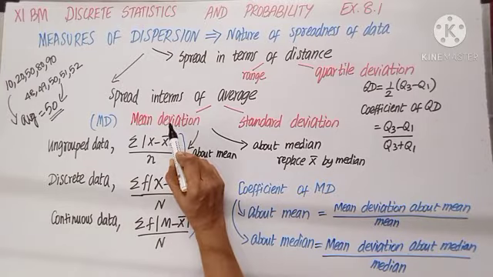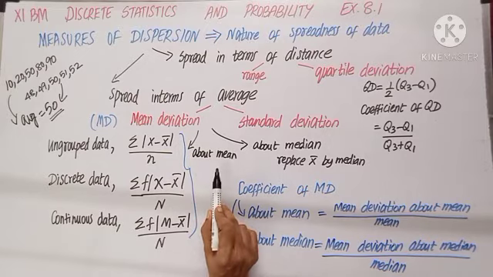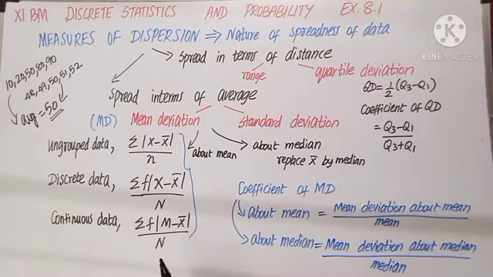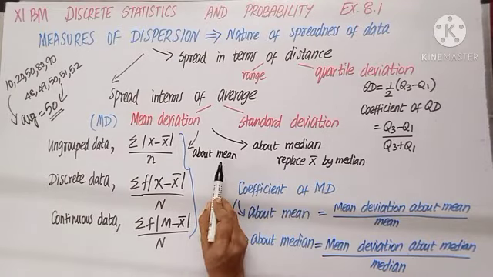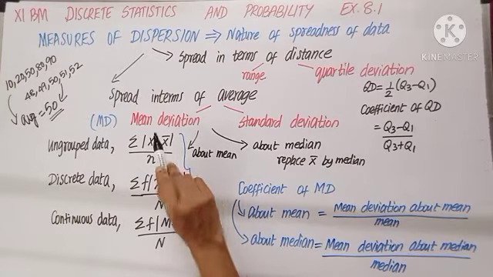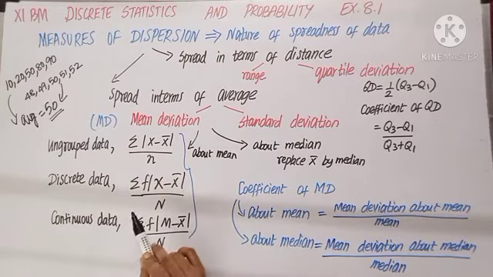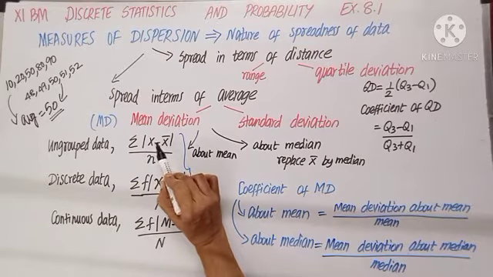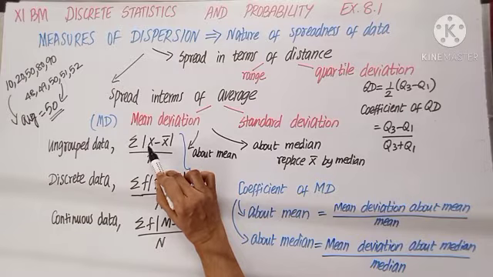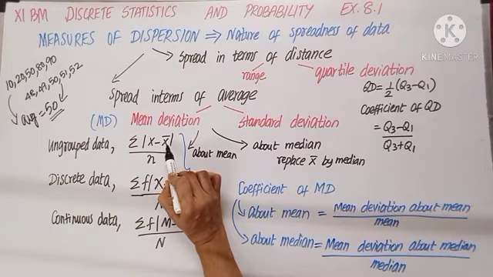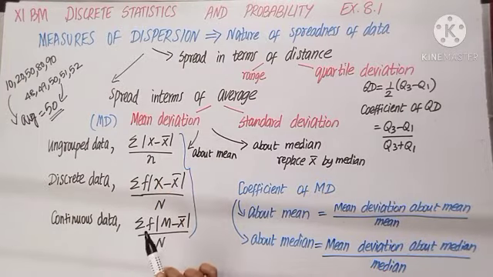This mean deviation, I can calculate using the mean or the median. Deviation about the mean tells me the difference: your mark minus the class average. So for every child, the mark minus the class average, and find the modulus of it.